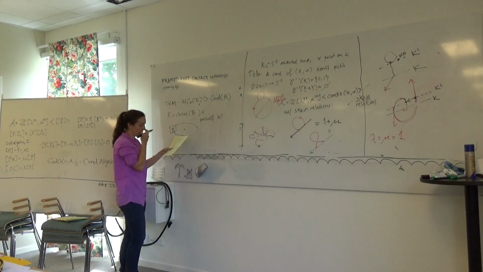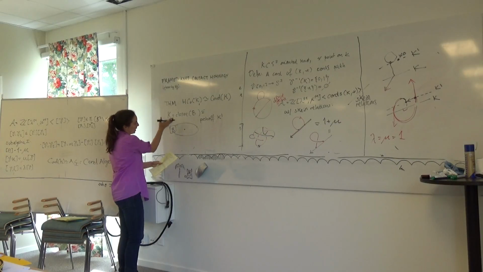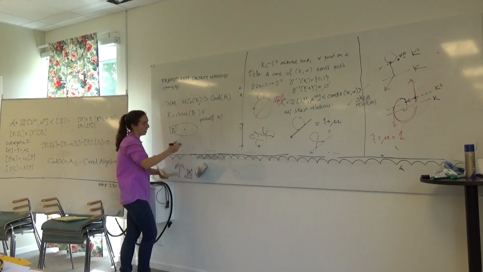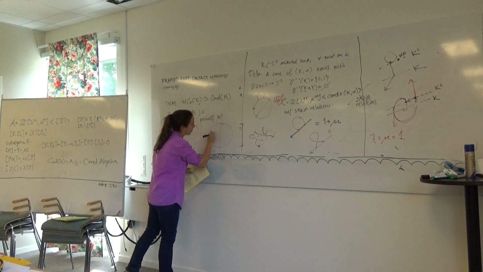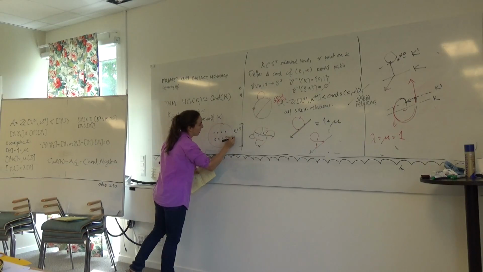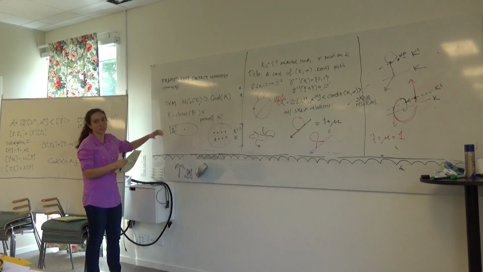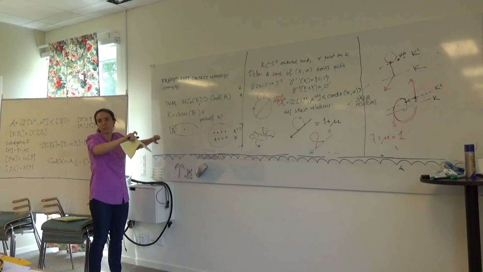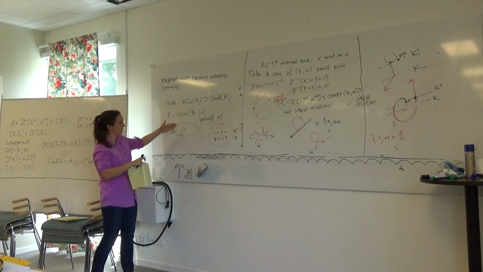And you can arrange it so that at any slice, K and K prime intersect a disk D in endpoints. So this is the intersections given by K prime, and these are for K. Or basically, if you isotope the knot, you can get that at any slice.